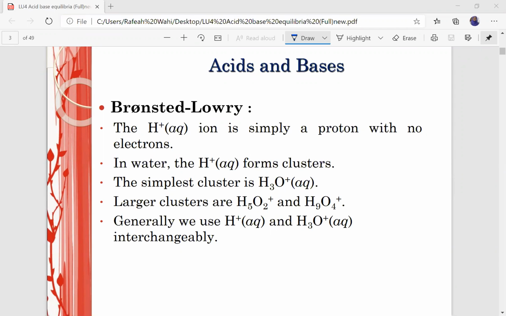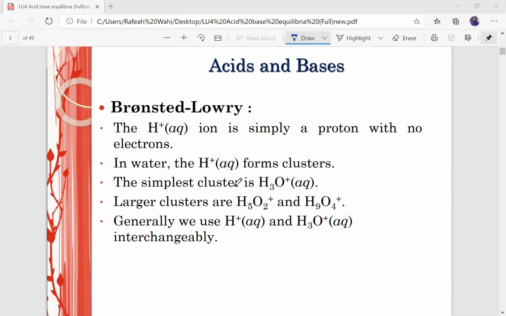According to the Bronsted-Lowry definition, the H plus ion is simply a proton with no electron. Okay? So this is a different definition of acid and base compared to the Arrhenius definition just now. In water, the H plus in the aqueous solution forms clusters.